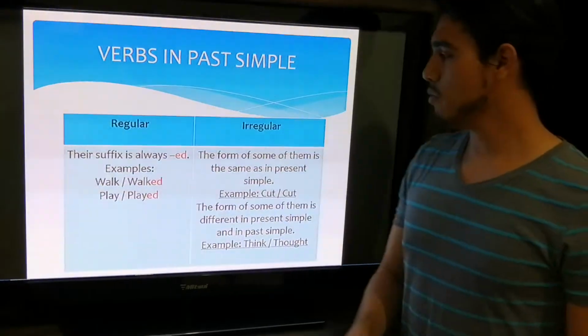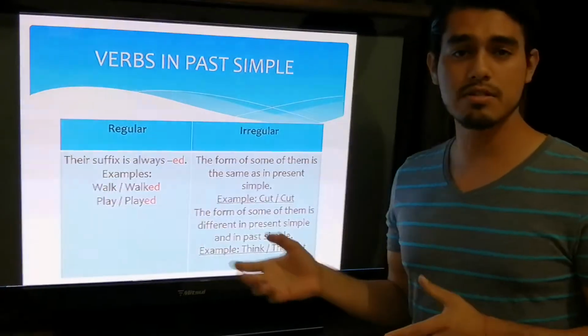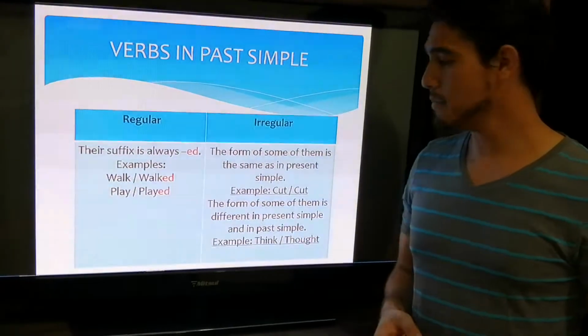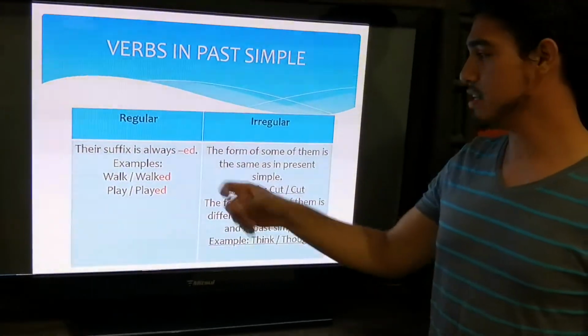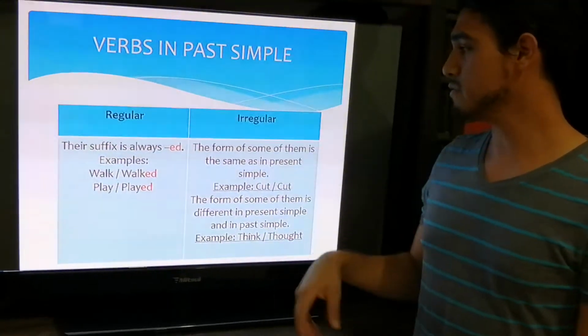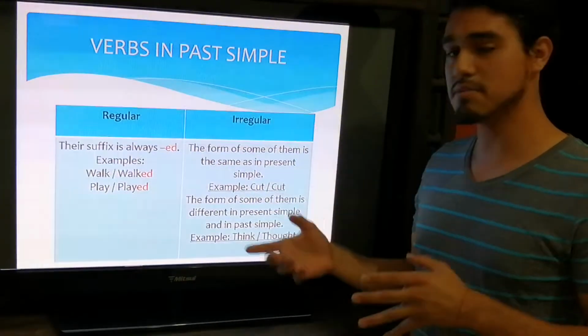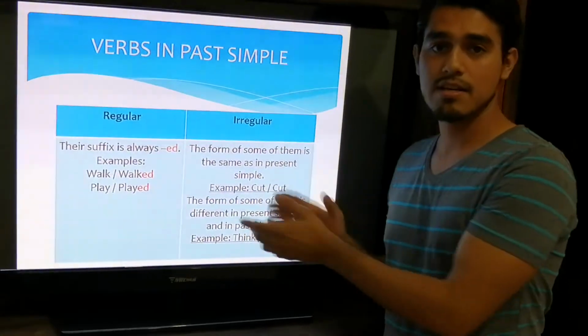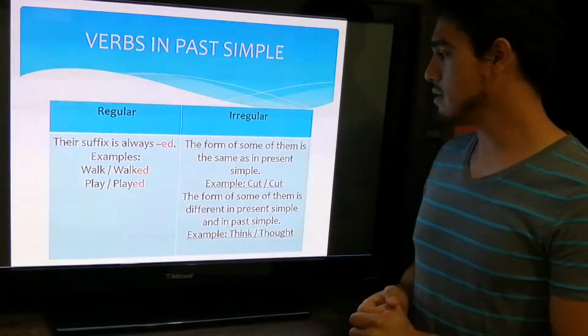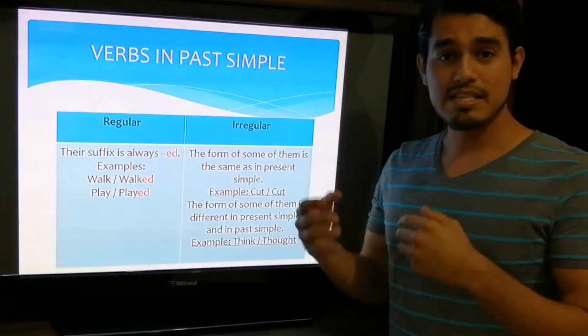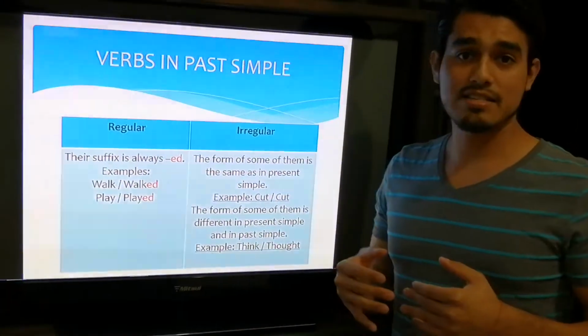But what happens with the irregular ones? We have two main characteristics here, two different types of irregular verbs. The first one is that the form of some of them is the same as in present simple. This is the easiest type of verbs to learn. Okay, so this verb is the same in present simple and in past simple.